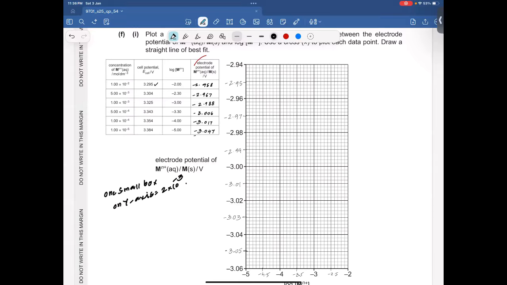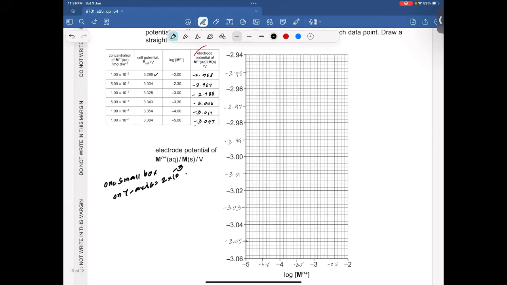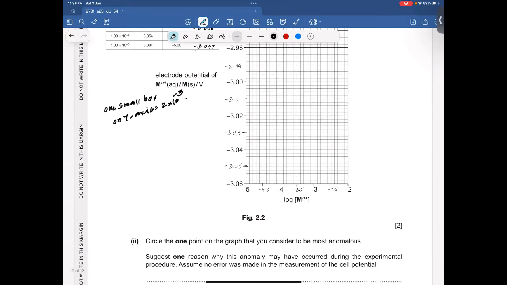Okay, and on the x-axis it is equal to 0.1.